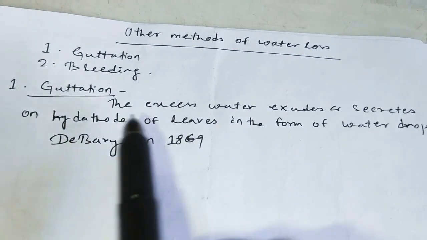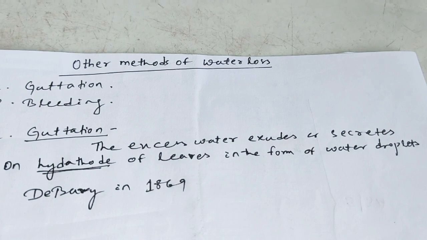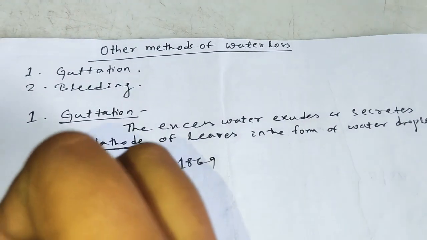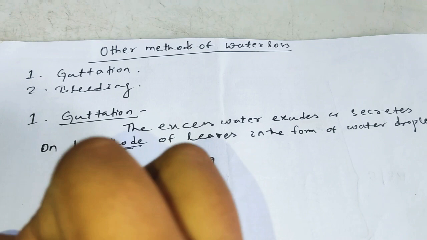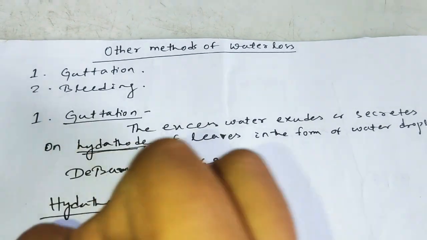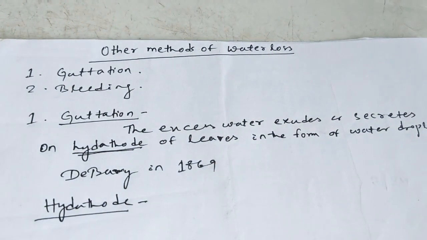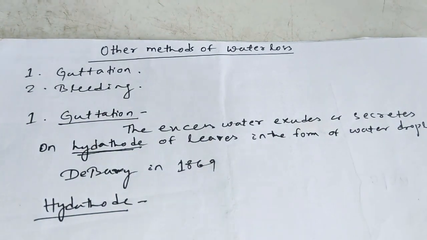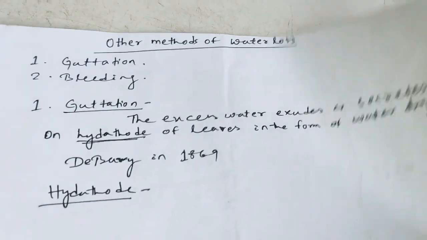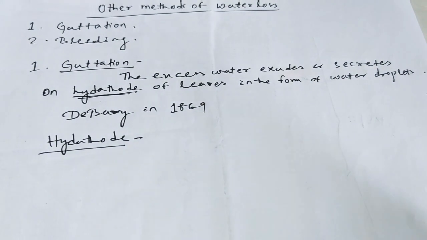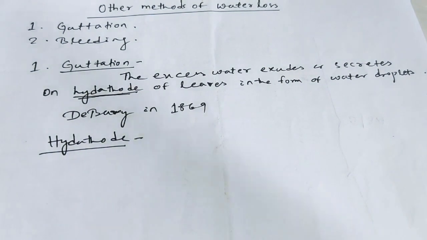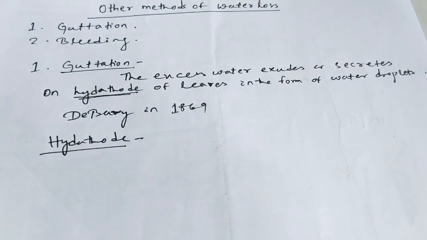Now, what is a hydatoid? Mostly in herbaceous flowering plants growing in moist places, there is a special type of structure that ends at the vein margin.